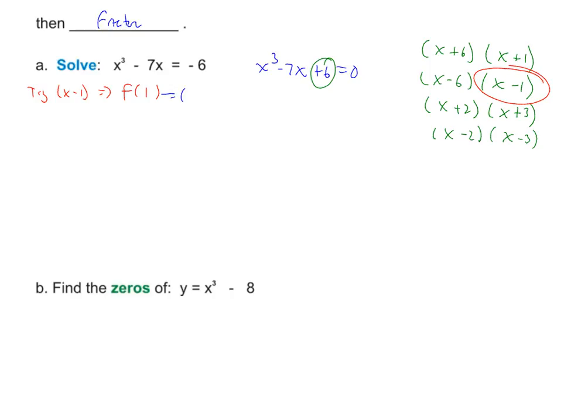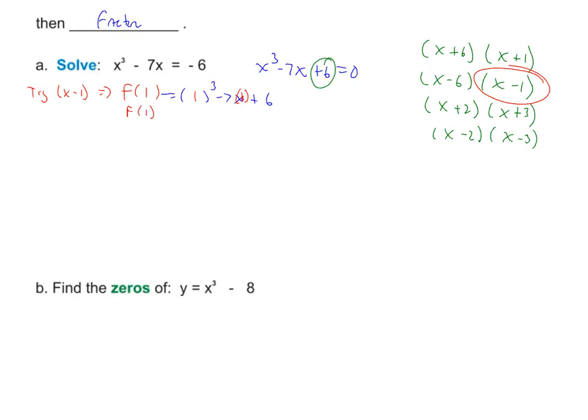So wherever our variable is, we're going to put in 1 into the x cubed minus 7x plus 6. 1 cubed is 1. -7 times 1 is -7. 1 minus 7 is a -6. -6 and 6 is 0. Woohoo! It worked.